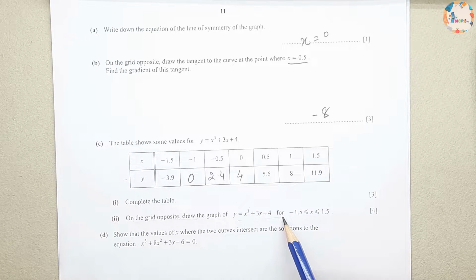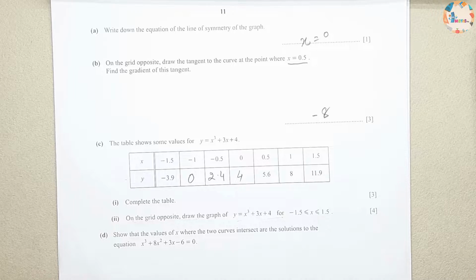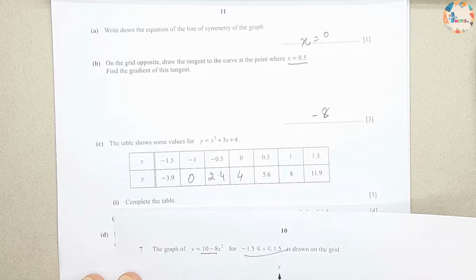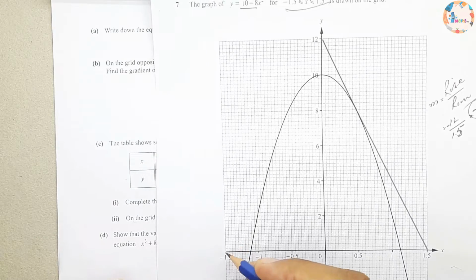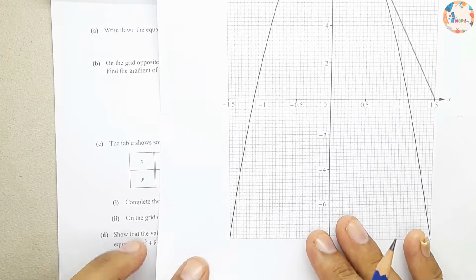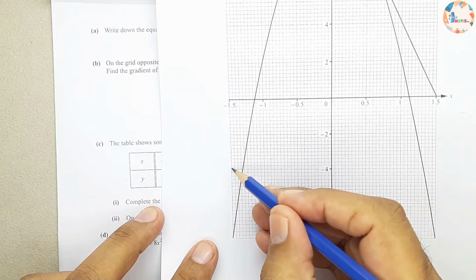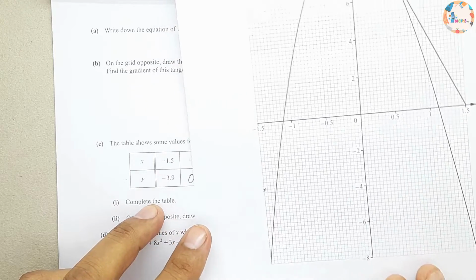So basically we have to plot this graph also on the same grid, so we'll be using the same page for that one. So -1.5 and -3.9: -1.5 over here and -3.9 will be around 4, so this one will be -3.9.